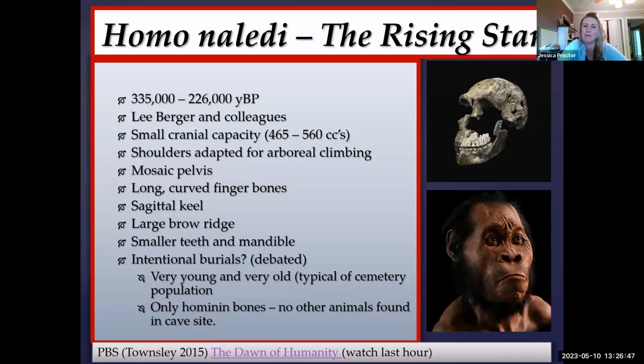But basically, the original site was uncovered by cavers. Once Lee Berger was alerted to it, of course, he was interested and went to check it out. But the cave is so difficult to get to that he could not go in himself. So he had to recruit very small, petite paleoanthropologists that could go down in the cave for him. It was a huge expedition.